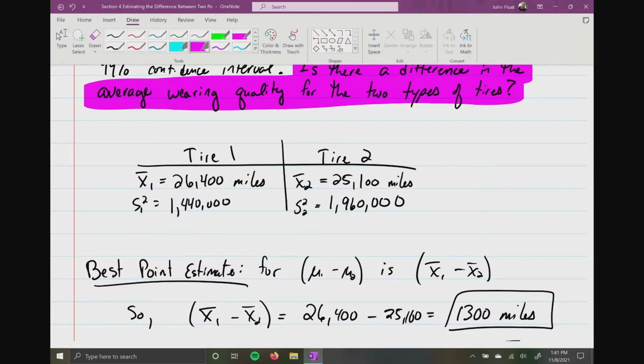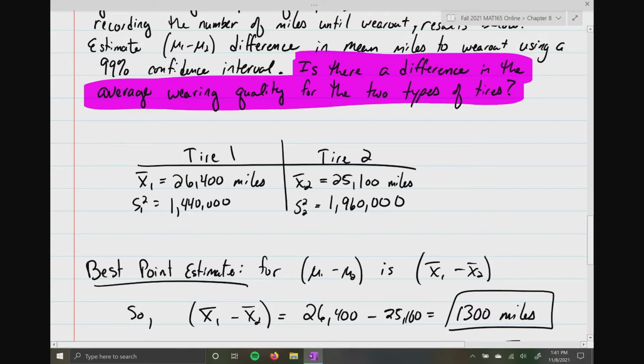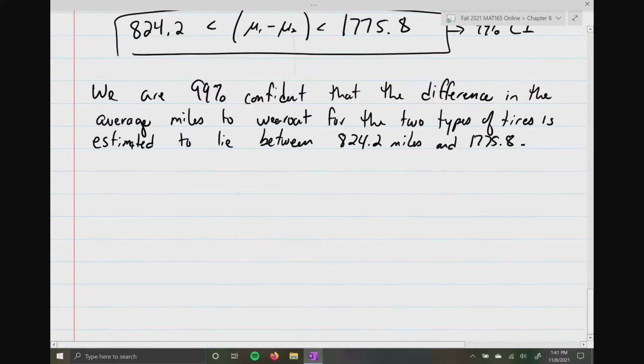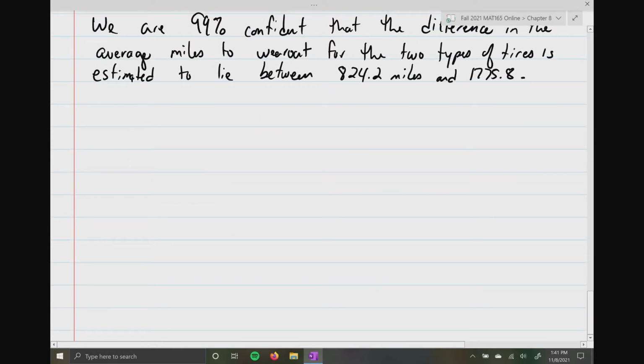Okay, so I think we can comprehend that question a little bit more succinctly if we just explain what it's really asking, which is, is there a difference between these two tires? Is one tire a little bit better than the other in terms of average miles to wear out?